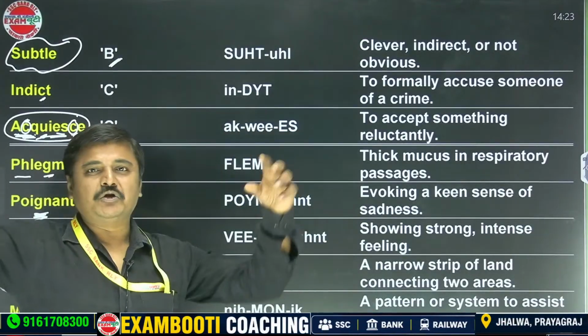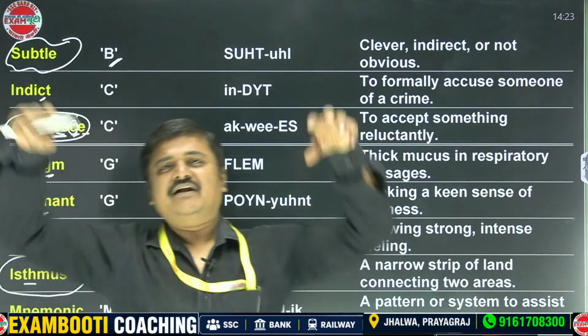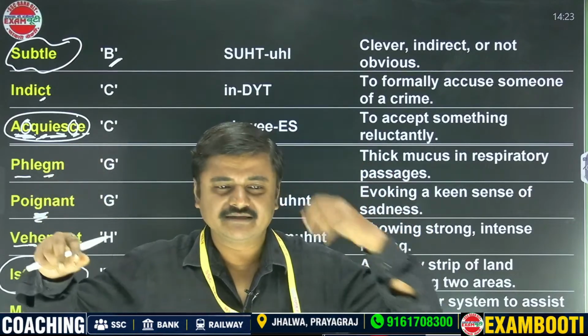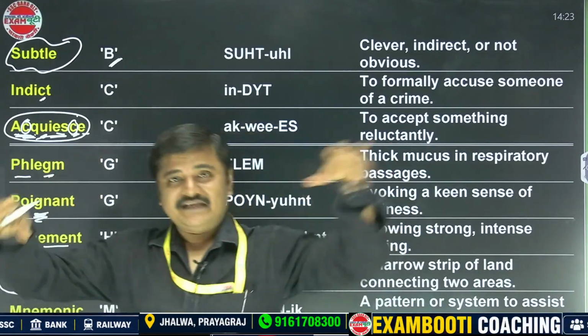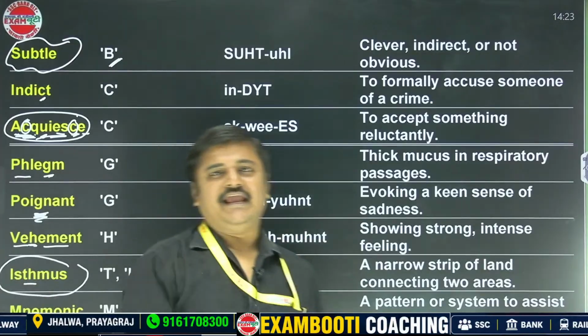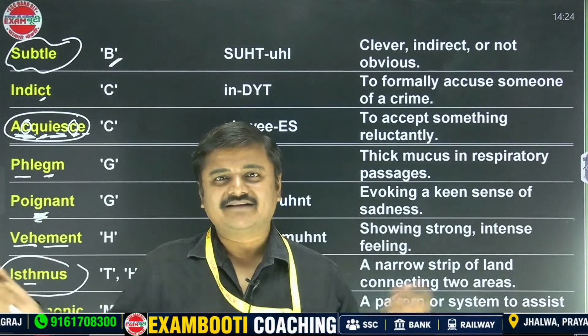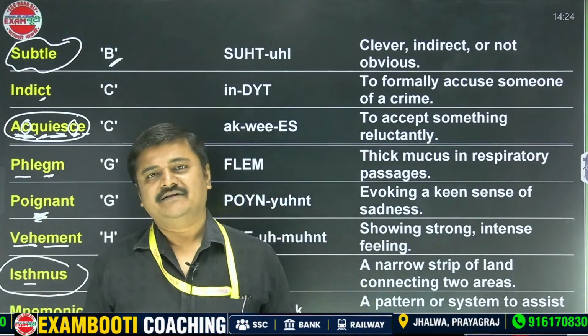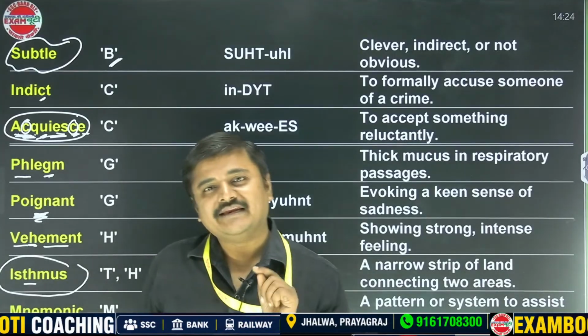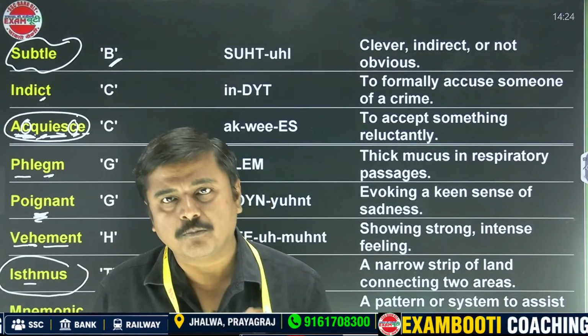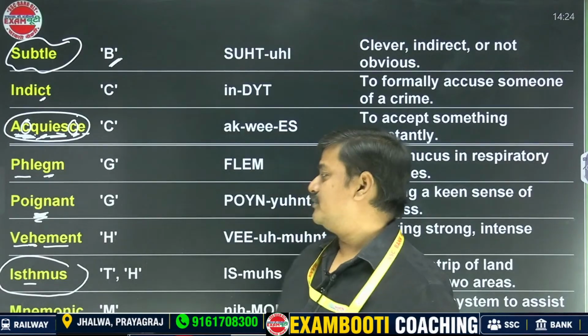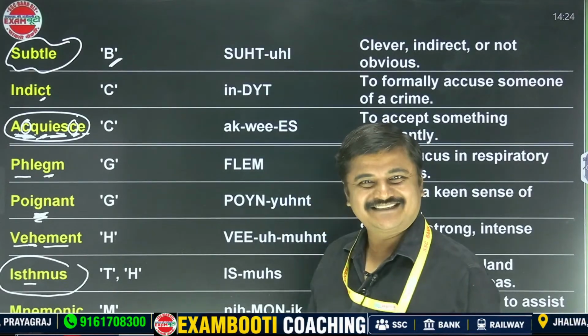When there are two areas, two blocks, two places, and there is a narrow lane, a narrow way that connects both the areas, that narrow road, that narrow path is known as isthmus.